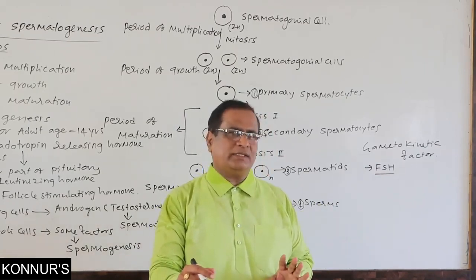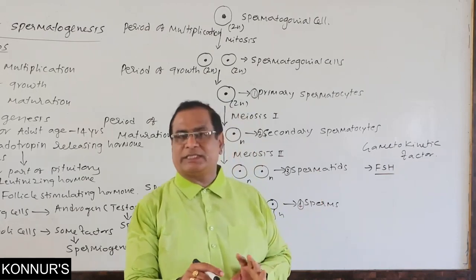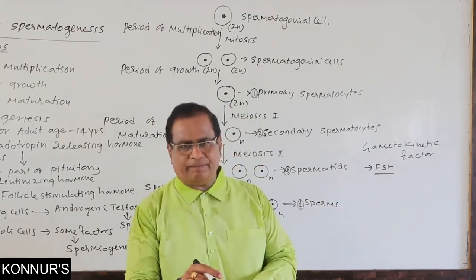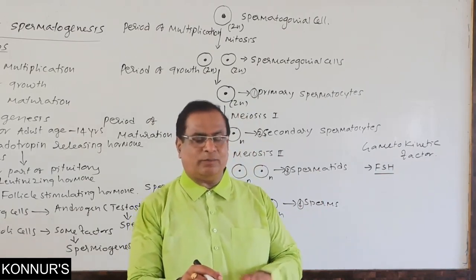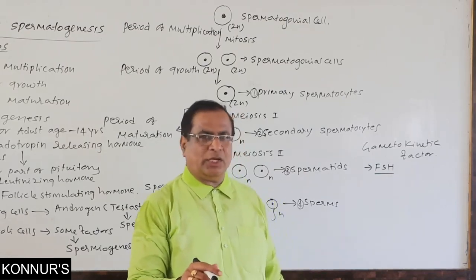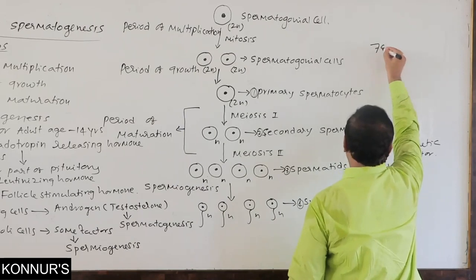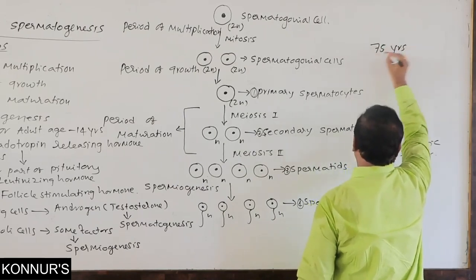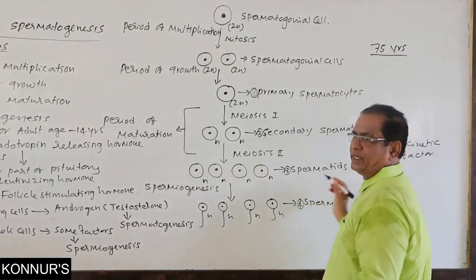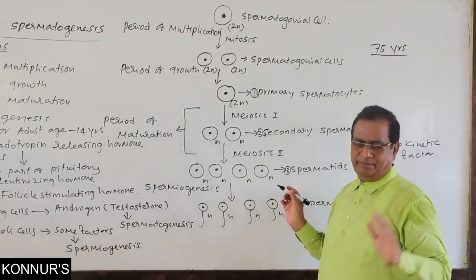And once the sperm production starts in case of males from their puberty age, it goes up to their old age, around 75 years old. There will be sperm production continuously.